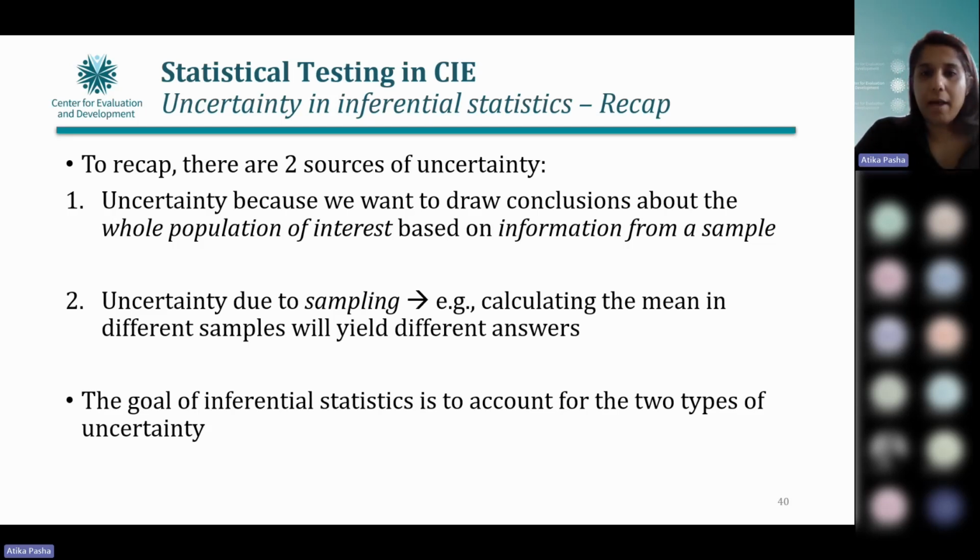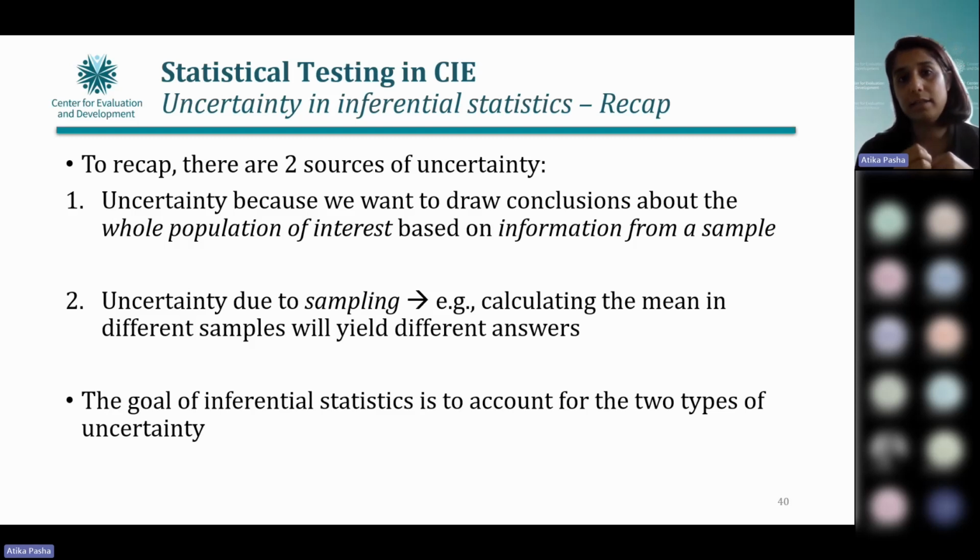Yes, and again, I'll recap before we go into the next break. First and foremost, we always have this uncertainty when it comes to drawing conclusions from a sample versus a population. And this is the main source of uncertainty, because we are sampling and we do not have information on the entire population.